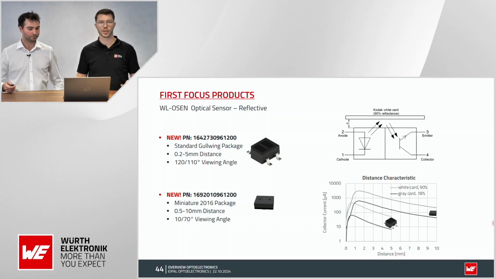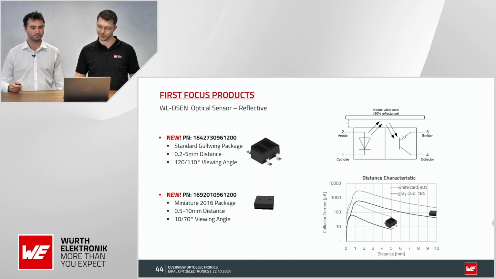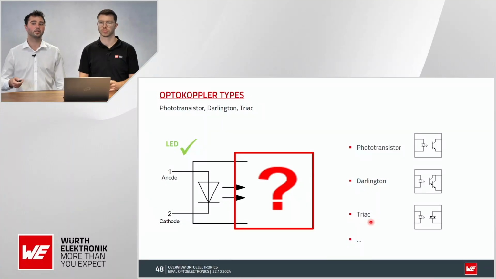Okay, so then, I would say also time-wise, last question for now. Question here: will you also do high-speed optocouplers? As mentioned, there are different optocoupler types, here phototransistor, dielectric, triac. A high-speed optocoupler is similar to those.